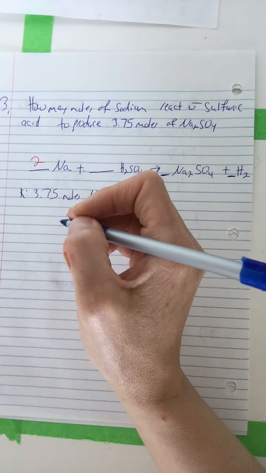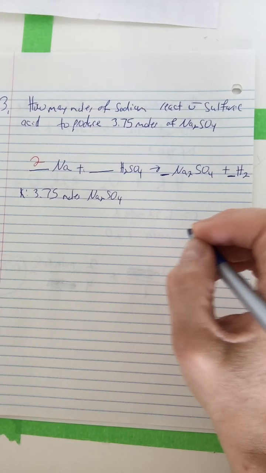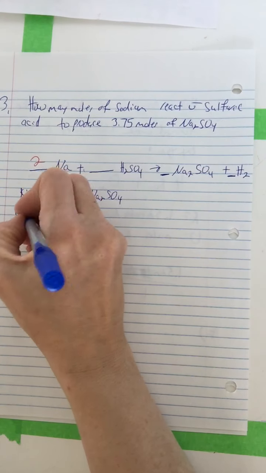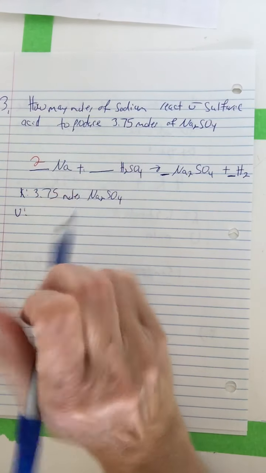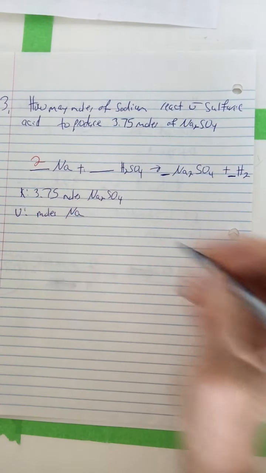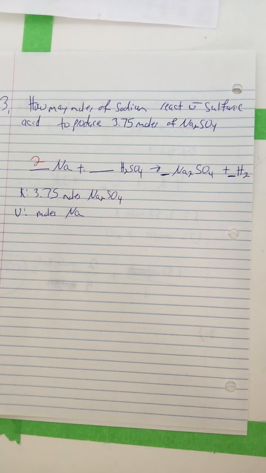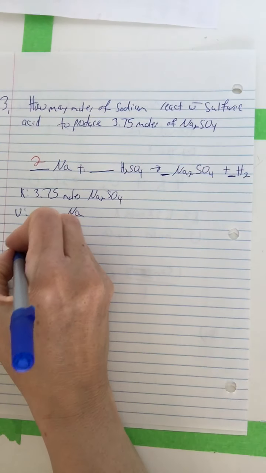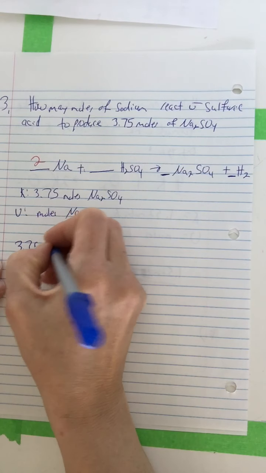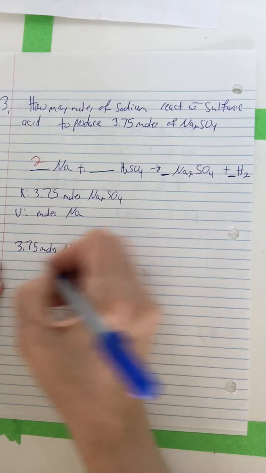And then they gave us the unknown. What did they ask for? How many moles of sodium? Moles of Na, sodium. They've given us our known and our unknown. How do I start my problem? Same as every single time. 3.75 moles of Na2SO4 over 1.